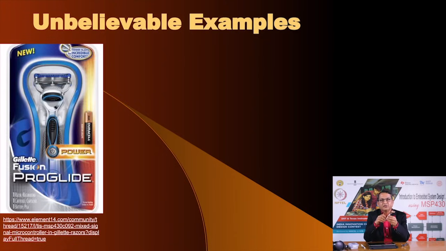The reason why it uses a battery is that when you turn this razor on, the razor head vibrates. Apparently, it gives you a smoother shave. Now, as you keep using it, the battery voltage will reduce, it will discharge, and that will reduce the vibration of this razor. To maintain the vibration, they use pulse width modulation, so as to maintain a uniform vibration over the lifetime of the battery.